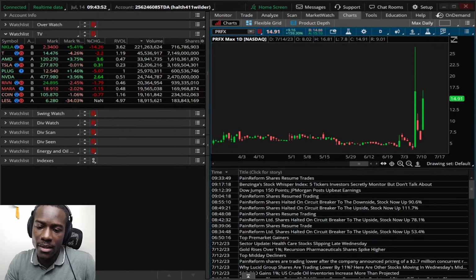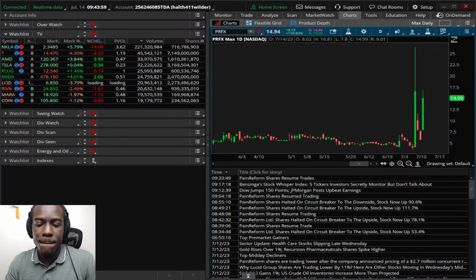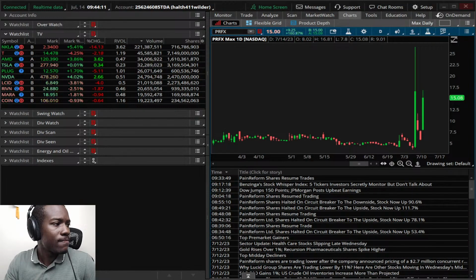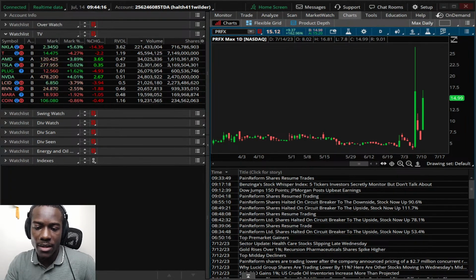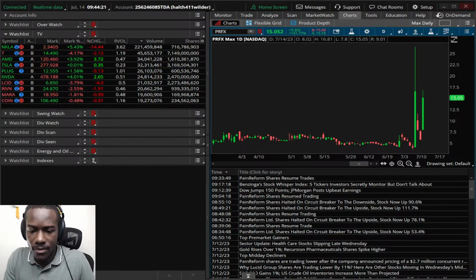Nvidia is another thing that was going up this morning, almost up to 480. Nice. Nokia, Coinbase, AMD. So yeah, there's a lot of larger floats kind of winning on the day as well. Coin, Rivian is already up there. Lucid.